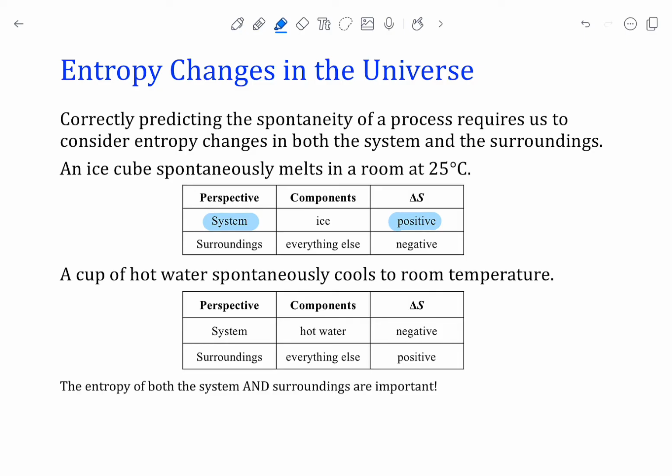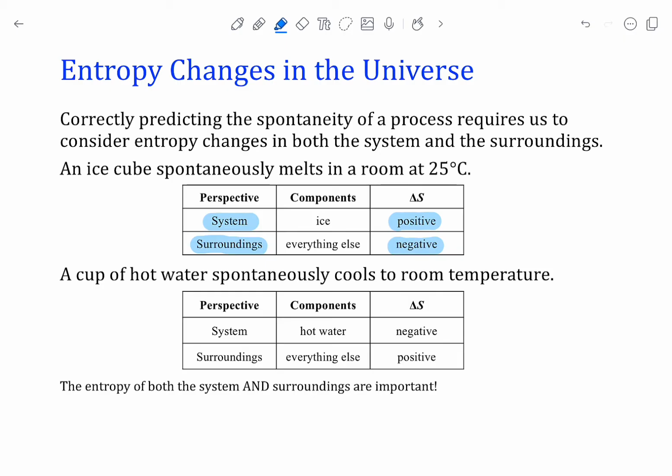The surroundings are then everything else, which would have an entropy change that is negative, again following our first law of thermodynamics, where energy cannot be created nor destroyed, it can only be transferred. Since entropy is a type of energy, whatever entropy is utilized in the system is also then transferred to the surroundings in equal but opposite amounts.